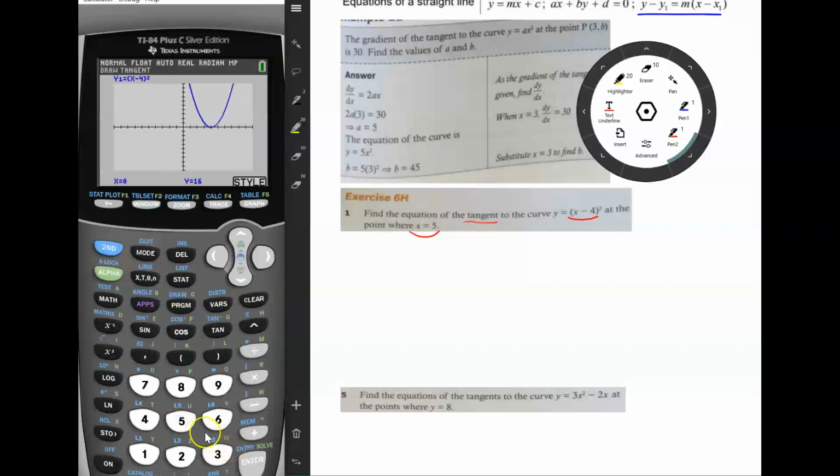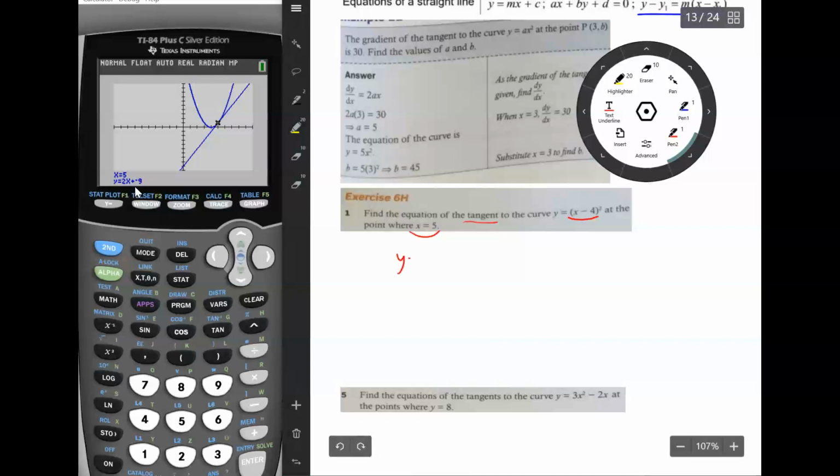We type in x equals 5, or we just type 5. It draws the tangent and gives us the equation: y equals 2x plus negative 9, which is the same thing as y equals 2x minus 9.